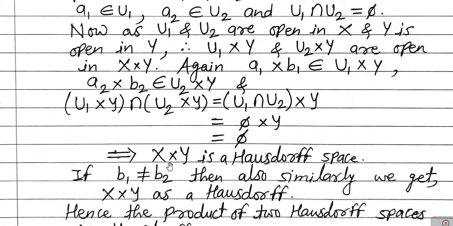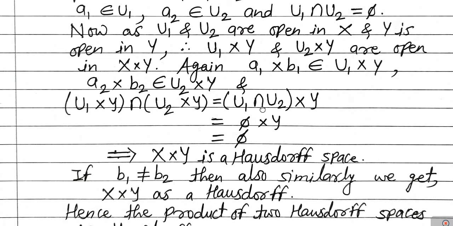So by the definition of the Hausdorff space, this implies that the product space X cross Y is a Hausdorff space. We have shown that whenever A1 and A2 are two distinct points from the Hausdorff space X, then X cross Y is a Hausdorff space.